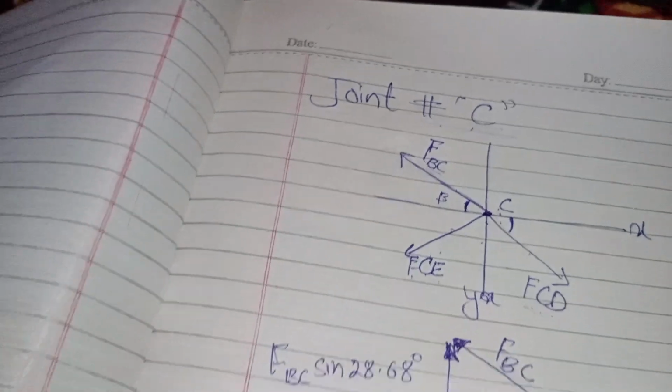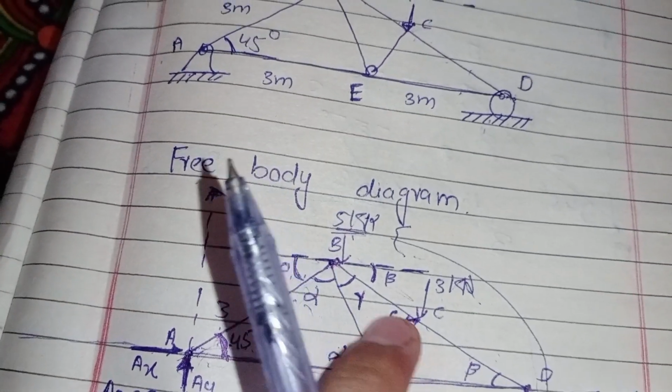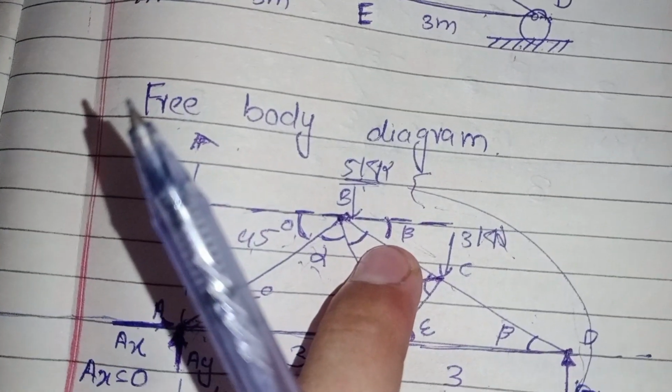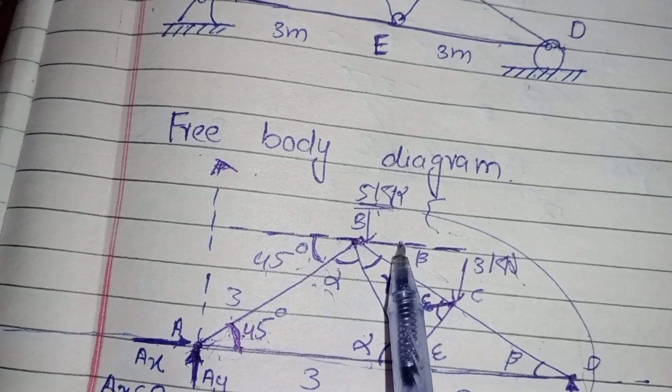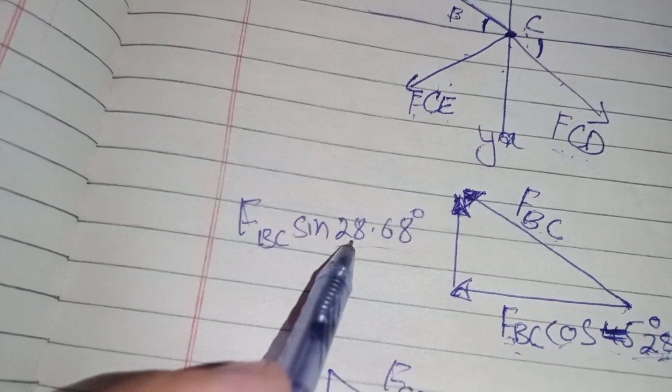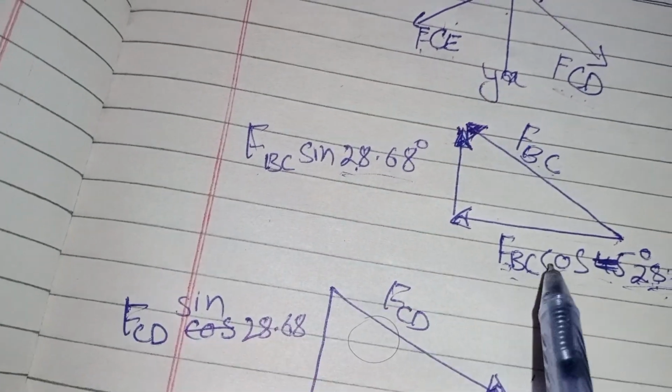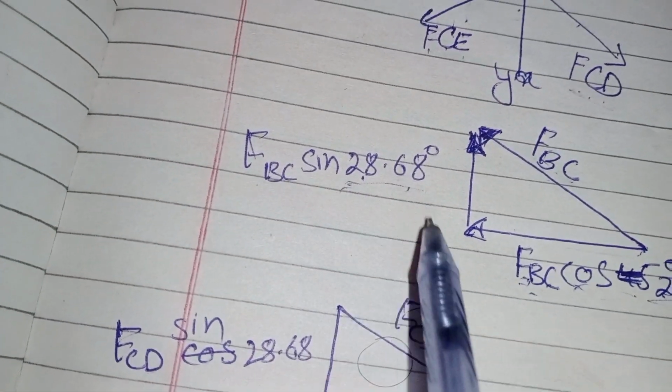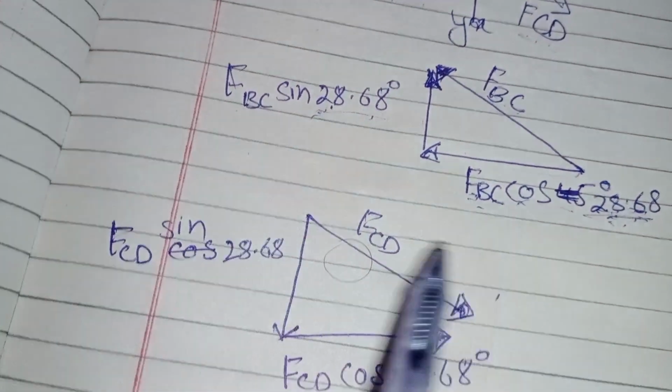You can see it here. So that's why it is cos beta, sin beta.